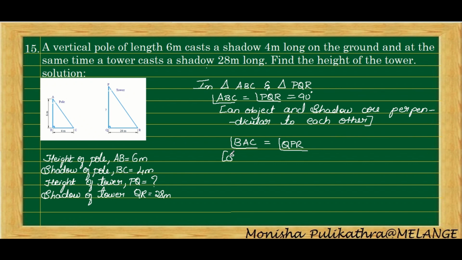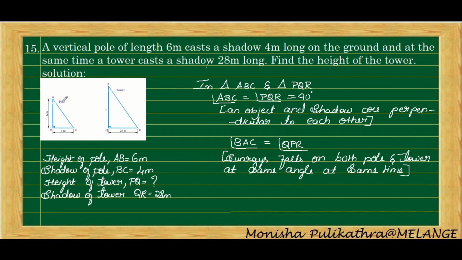Because the sun rays fall on both the pole and the tower at the same angle at the same time.